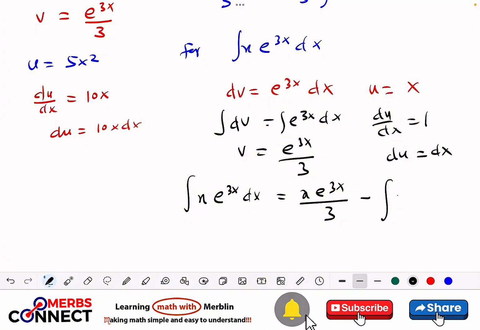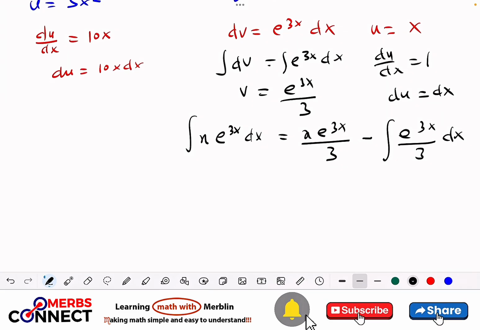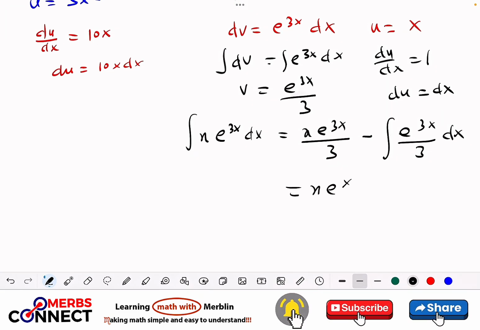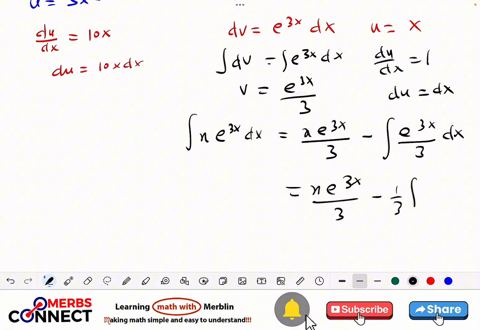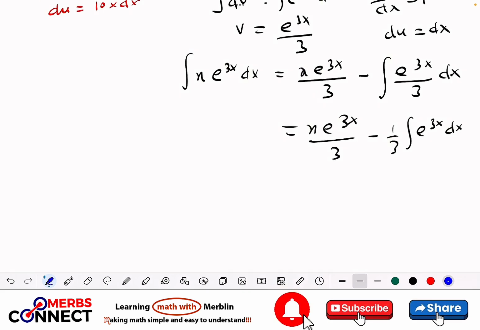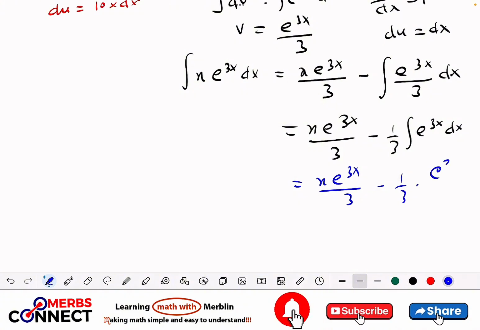So I'm going to have e to the power 3x divided by 3 dx. Here we don't have x again, so we can just finish it from here. Divided by 3 minus 1 over 3 e to the power 3x dx. So this is going to give us x e to the power 3x divided by 3 minus 1 over 3. Integrate this and have this divided by 3.